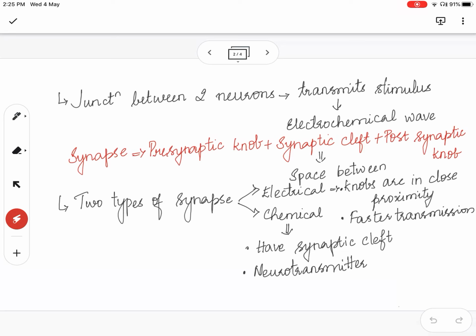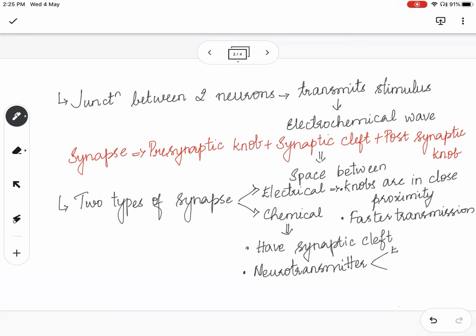Coming to chemical synapses, they have a synaptic cleft. Like I was telling previously, there is some space present over here. That is, they have a synaptic cleft, and the impulse transmission is going to occur with the help of a neurotransmitter. We have come across different categories of neurotransmitter, right? There are first of all two categories of neurotransmitter.